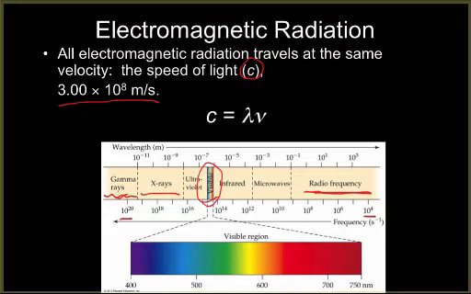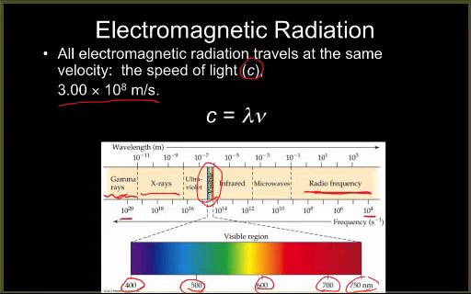Visible light is just a very small part of the electromagnetic radiation, and that's the only part of the spectrum that we can actually see. They've expanded that a little bit so you can see the colors, and down here these are given in nanometers, instead of meters like on the chart. And you'll see that the wavelength corresponds to the color of light that we see.